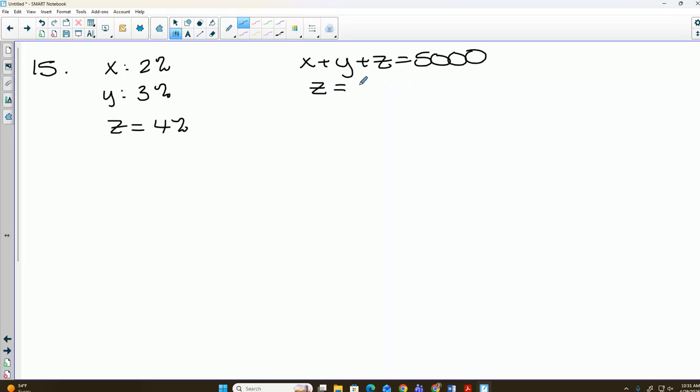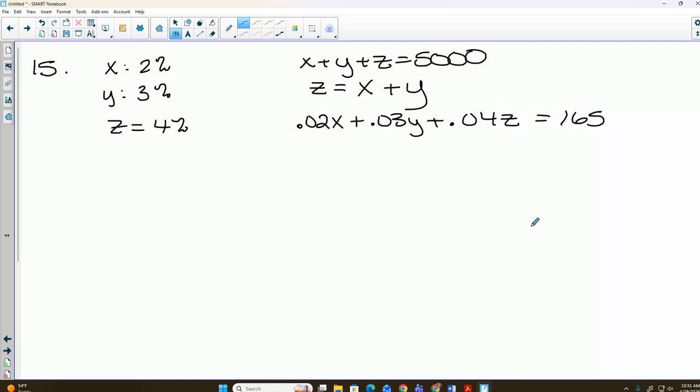So z is equal to x plus y. Third, the total interest. So interest is when you take the rate times the amount. So the 0.02x, 0.03y, 0.04z is 165. Now we have to find the amount at each rate.